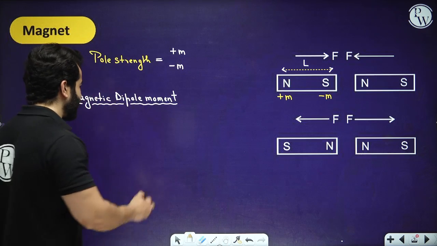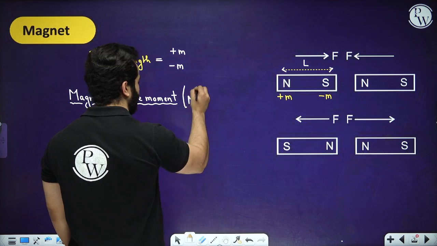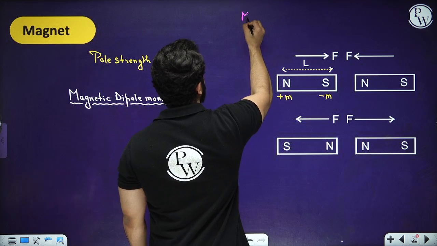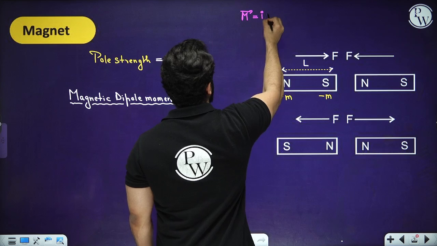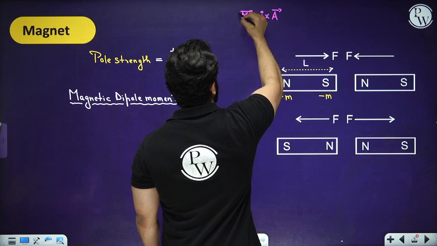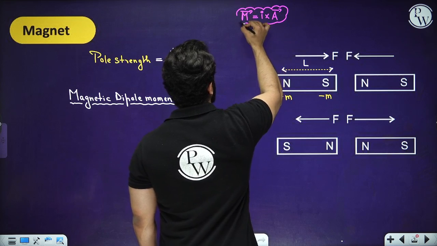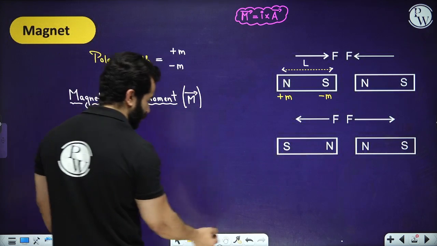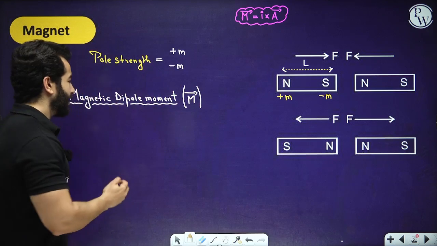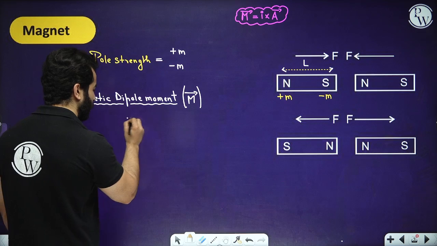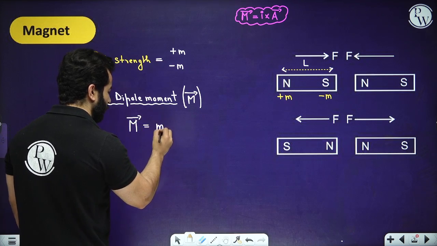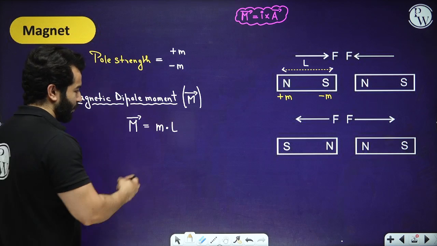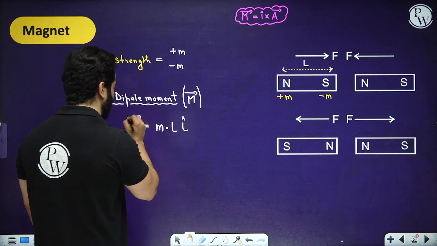So when we say magnetic dipole moment, we have already defined one definition of it. In the previous chapter, we said that magnetic dipole moment was nothing but m equals I cross A, and the direction was found using the right hand rule, right? Over here we are going to say now, because it is analogous to what you have learned in electrostatics, magnetic moment is going to be the product of the magnitude of pole strength of any one of the poles times the distance between them, and because it's a vector quantity, we'll also write an L cap over here.